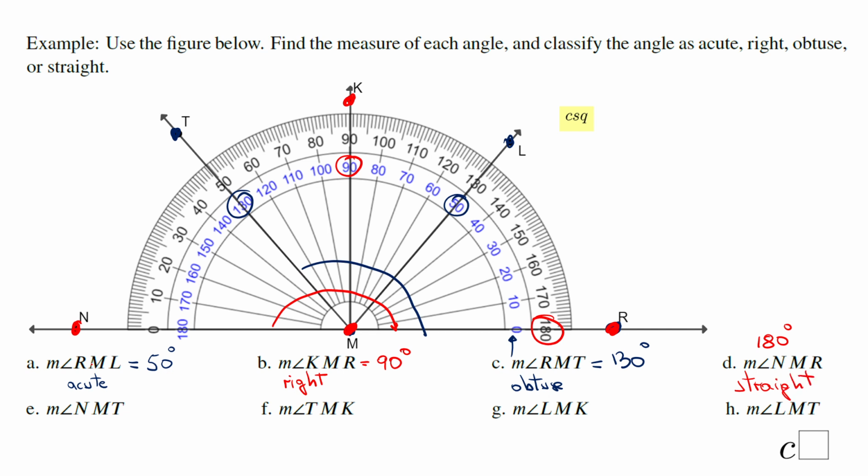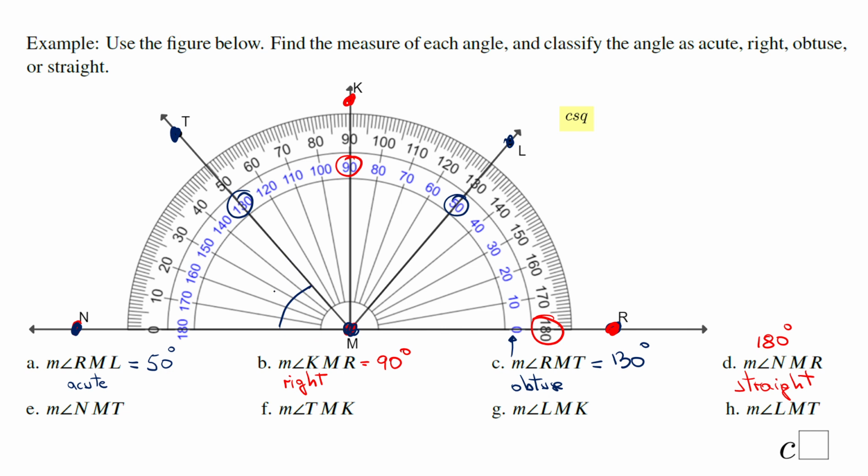Okay, let's take a look at part E. Angle NMT. NMT. Okay, let me erase again these arcs. And again, NMT is going to be this angle. NMT, which is an acute angle.